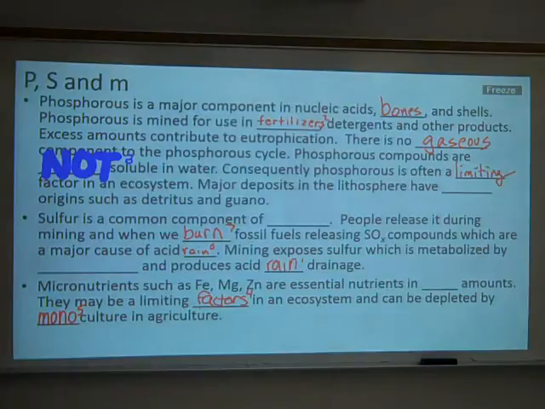And in aquatic ecosystems, the lack of it, because it doesn't dissolve very well, keeps your algae populations to a minimum. Okay, which, as we know, is a good thing for the rest of the lake.